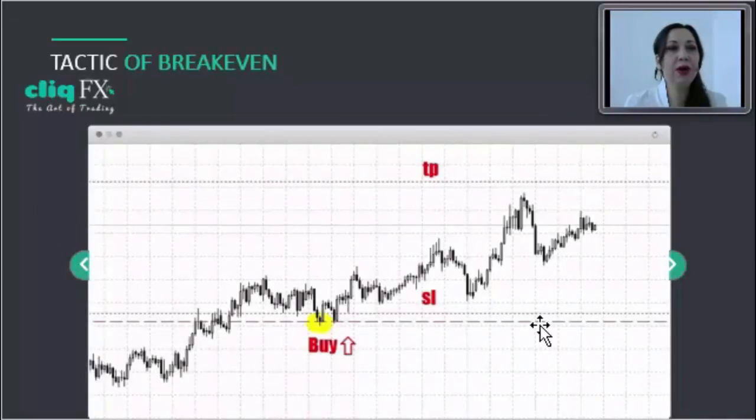Next, tactics. We're going to talk about the tactics of break-even. It's also easy and it's used when everything is fine. So you analyze the tendency, you understand it's upward, and you open a buy position. You set your stop loss at an exact price.